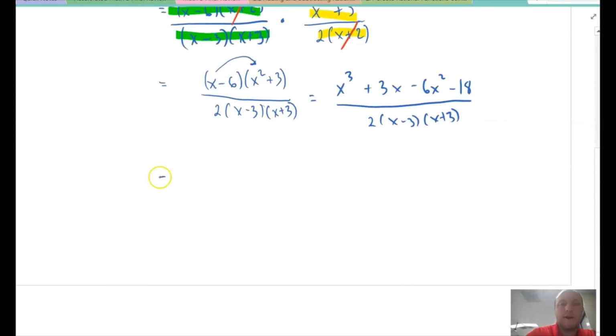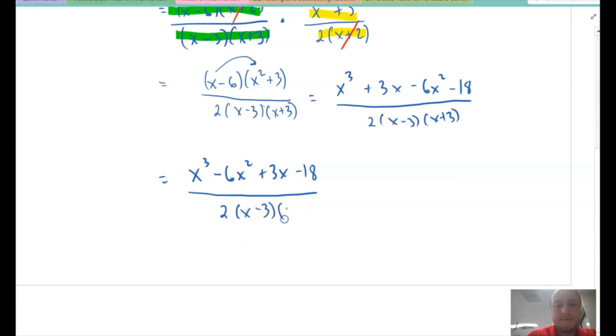Okay, and then I'll write it in standard form. I just gotta shuffle two terms, x cubed minus 6x squared plus 3x minus 18 all over 2 times x minus 3, x plus 3. Okay, and again, the notation, f times g of x. All right, there you have it.